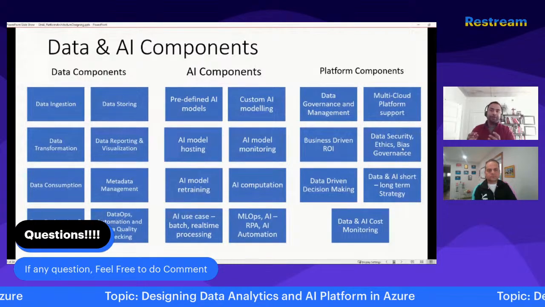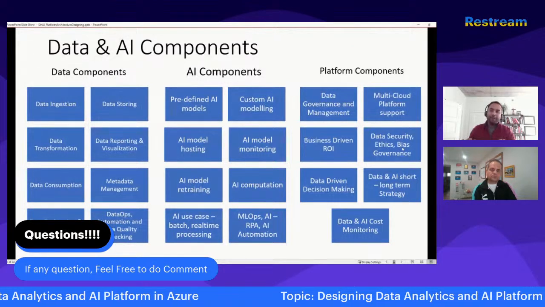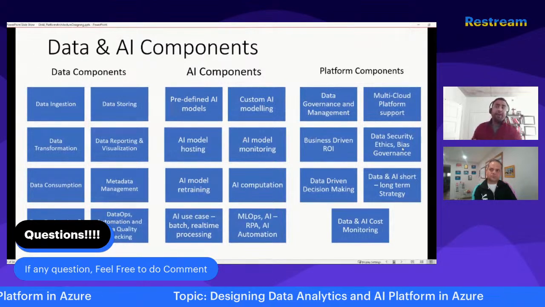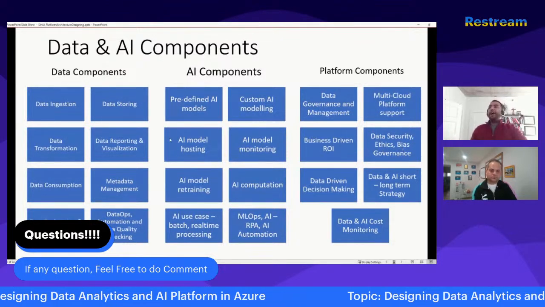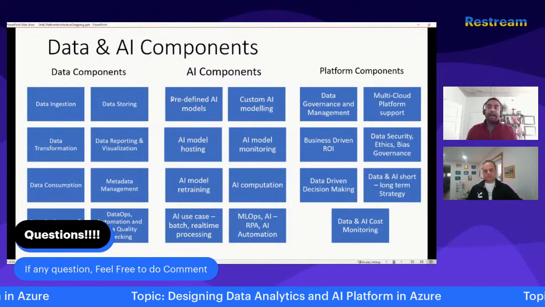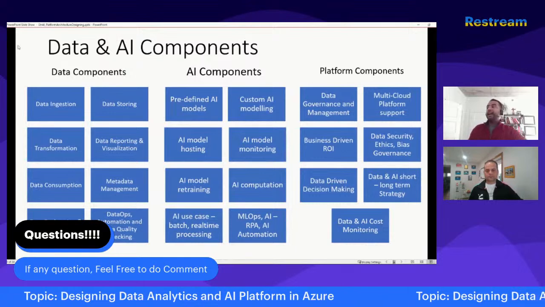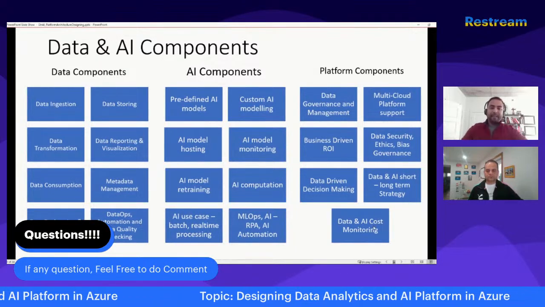All you need to do when you're training is turn it on, and you will see whether the data you have used for training is biased or not, ethical or not, balanced or not. So from an enterprise level, when you are designing your enterprise roadmap for data and AI, you need to consider those tools for data, AI, and the platform.